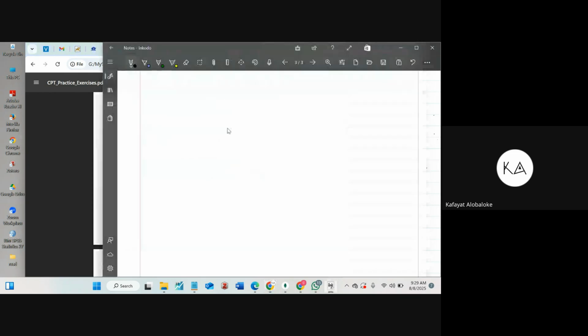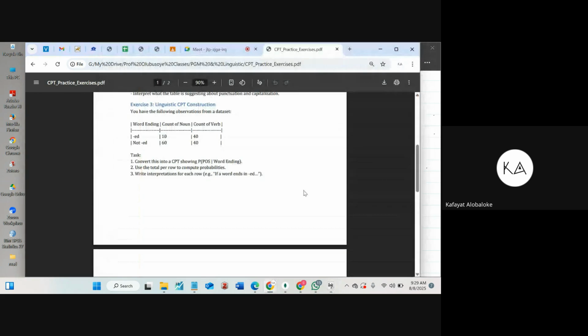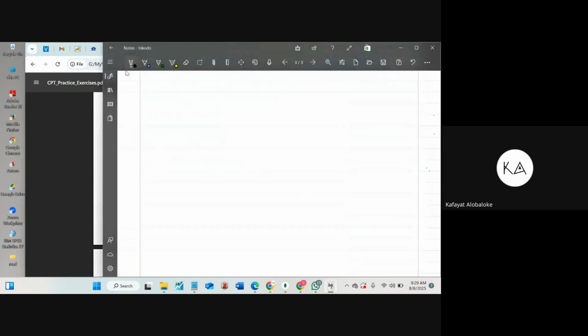Let me try to bring this table to my whiteboard here. Pardon my abbreviations because of the pen I'm using. All right, word ending in ed or not ed.